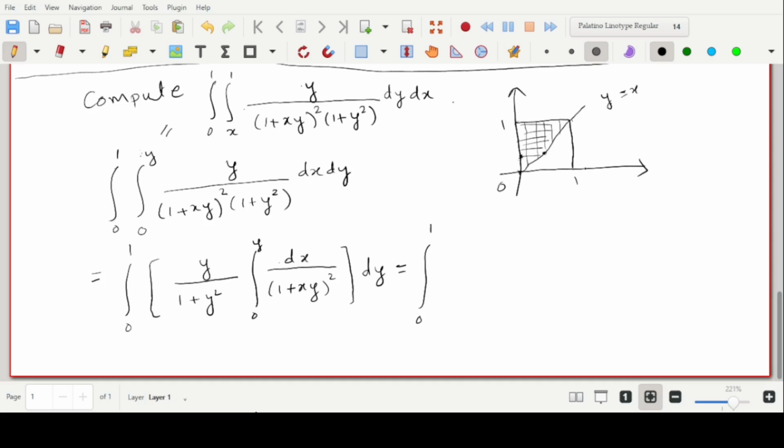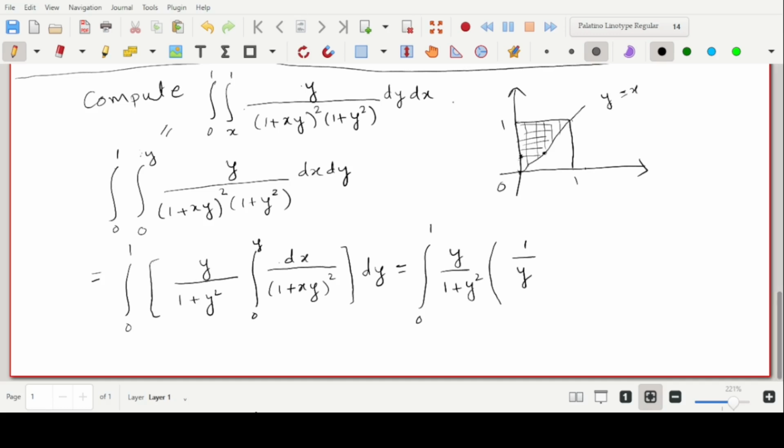So we can use here the formula for the integral of (ax plus b) to the power n, where n here is negative 2, and that will give us y over 1 plus y square, over y.